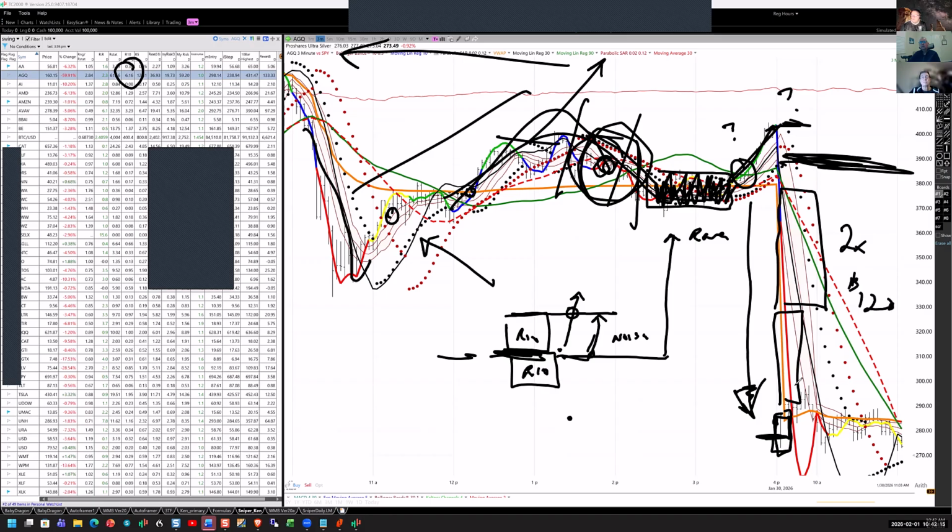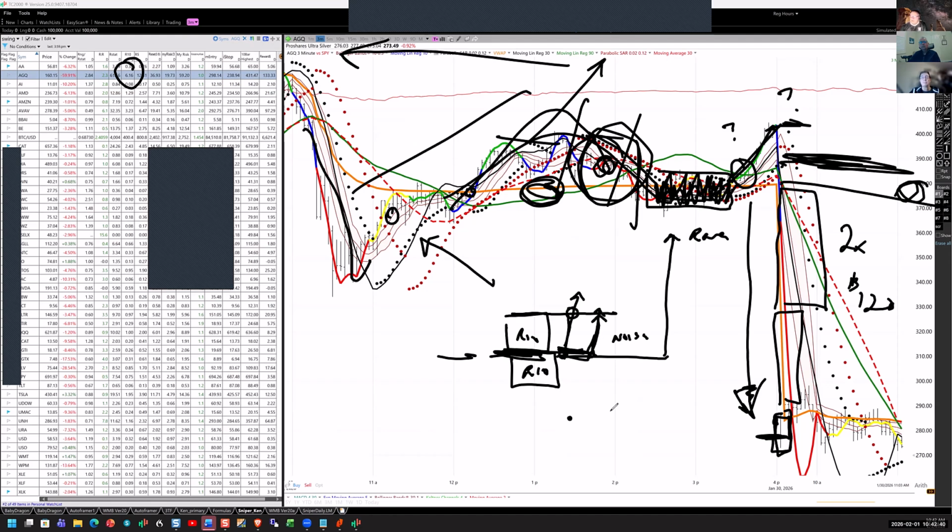So if it immediately starts rocketing north, then that's clear to me that guys are trying to get in as it goes back to yesterday's fair value, which was 380. So the first choice is a directional move regardless of the time.